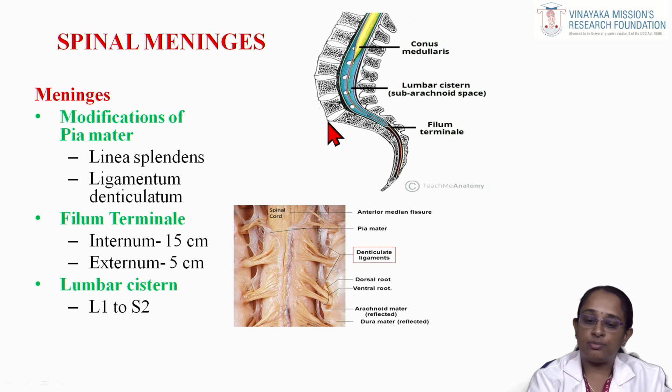It is all made up of nerves, but directly at the center, at the median plane, we can see a small thread-like non-nervous fiber extending from the conus medullaris up to coccyx 1. That is called filum terminale.